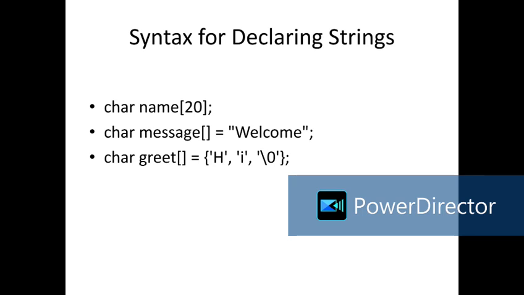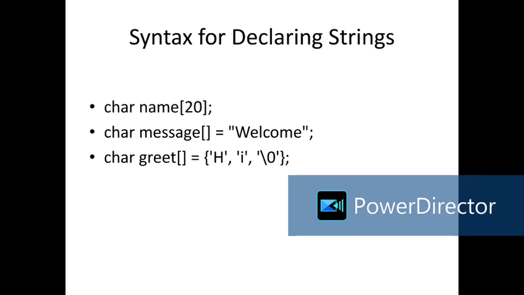In the second line, message is initialized directly and C figures out the size based on the content: 8 characters including the null terminator. In the third, we manually provide each character, including the \0. This is a very explicit and clear way to define a string, useful when dealing with character-level operations.